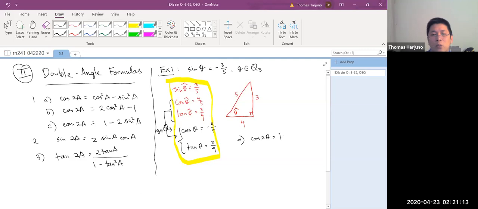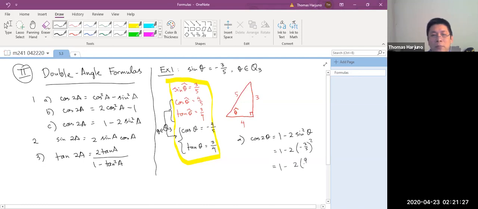So this is 1 minus 2 sine squared theta. That's 1 minus 2 times negative 3/5 squared. So that would be 25 over 25 minus 18 over 25 equals 7 over 25.